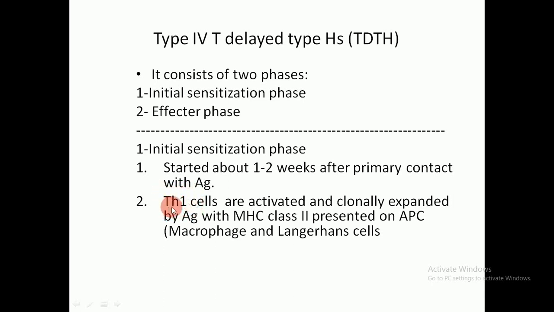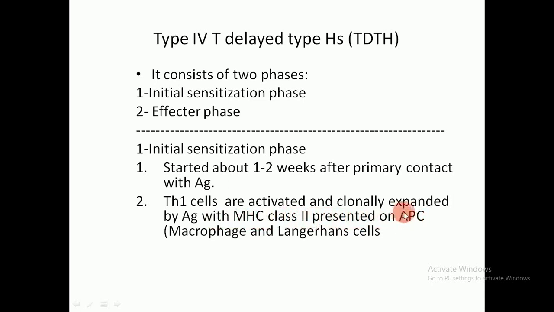T helper 1 cells are activated and clonally expanded by antigen with MHC class 2 presented on antigen presenting cells. This is the basic immunology: a T helper 1 cell is activated through the antigen presenting cell that presents the antigen in association with MHC class 2.